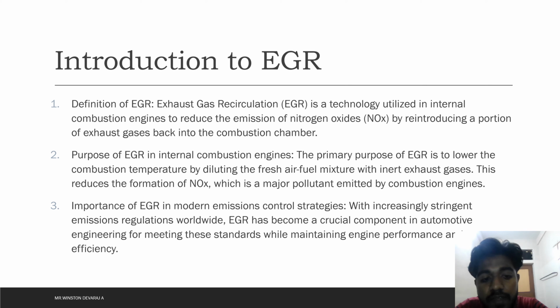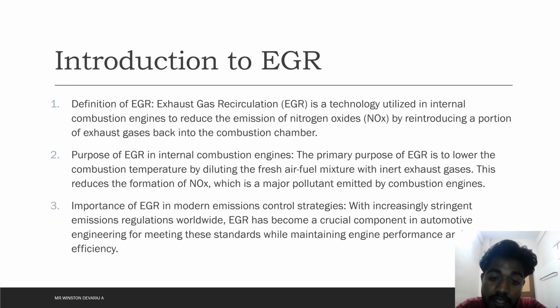So the primary purpose of EGR in an internal combustion engine is to lower the combustion temperature by diluting the air-fuel mixture with an inert gas. How is this done? By reducing the nitrogen oxide in the exhaust by recirculating, or redirecting, some of the exhaust gas again to the intake or inlet valves.